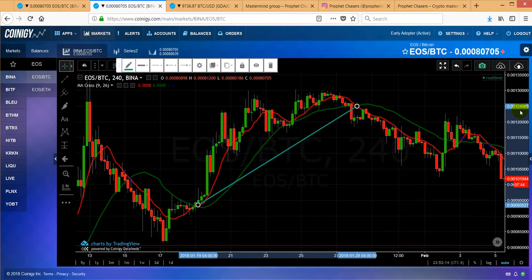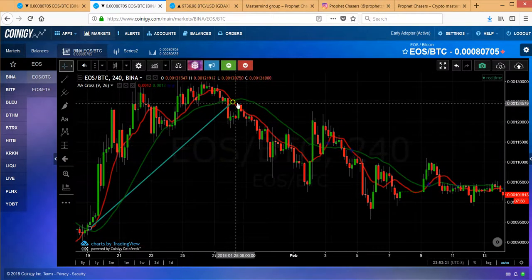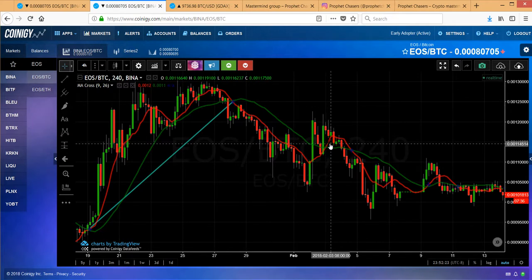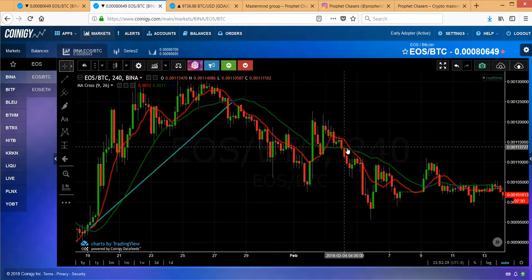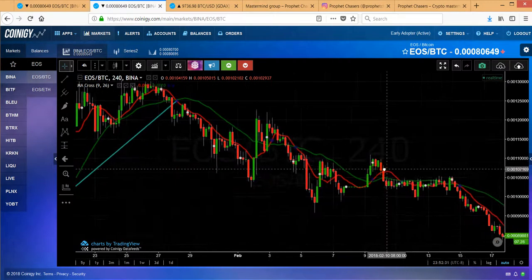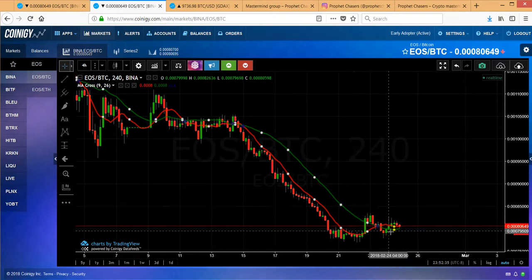So it's a good trade. Unless you're shorting like on BitMEX or something like that, it's not anything. But it's just showing you that here's a crossover. Depending on other indicators, it would be a go or no go. So it's just kind of consolidating, and then it goes on a nice downtrend.